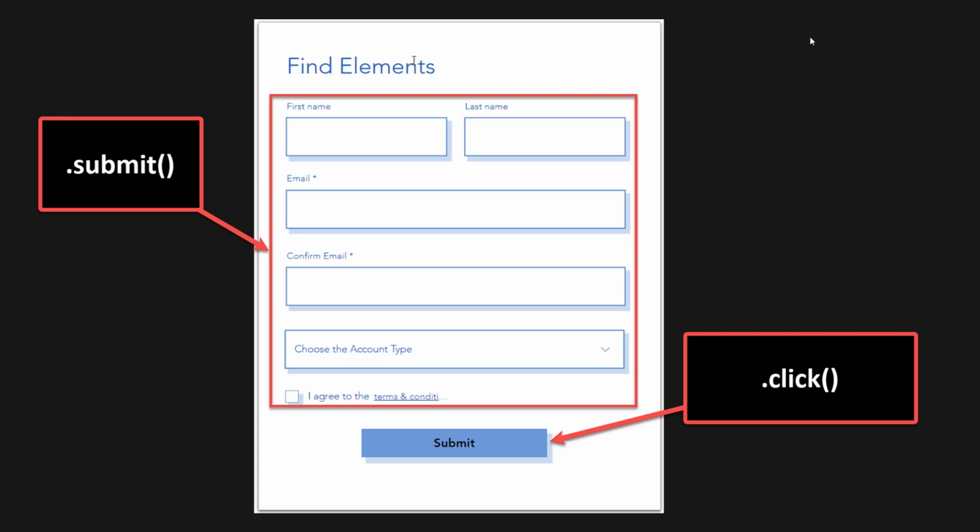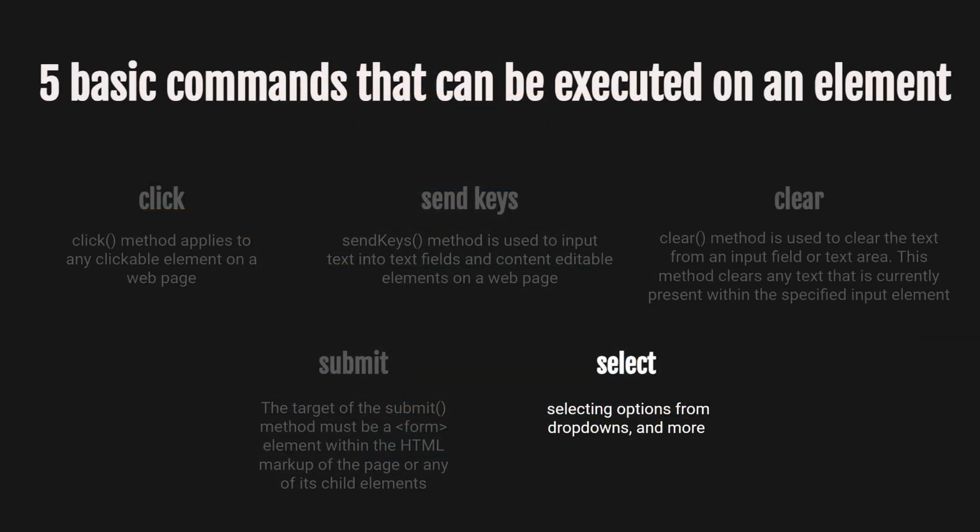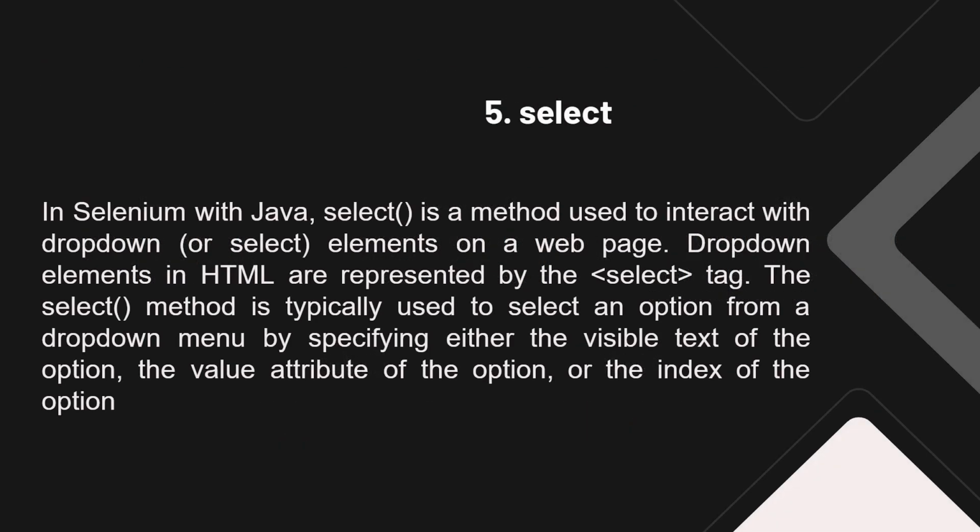One more command that can be executed on an element is select. In Selenium with Java, select is a method used to interact with drop-down or select elements on a web page. Drop-down elements in HTML are represented by the select tag. The select method is typically used to select an option from a drop-down menu by specifying either the visible text of the option, the value attribute of the option, or the index of the option.